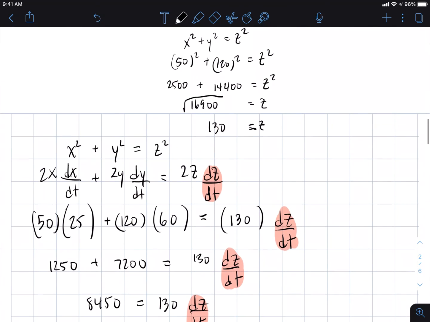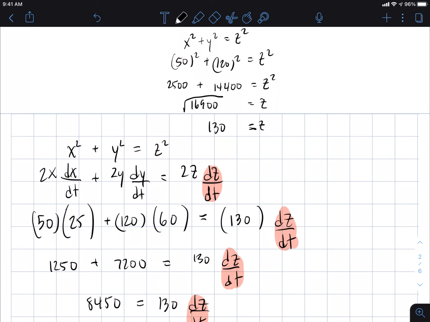Well, even here, right? In this example where I went x squared plus y squared is equal to z squared, all of those are being derived with respect to x because I couldn't isolate for one variable.